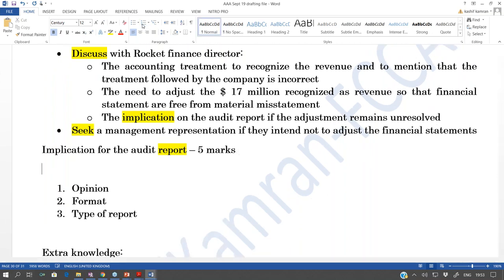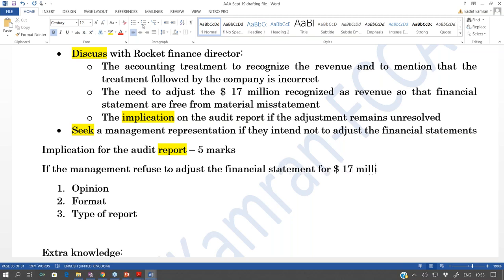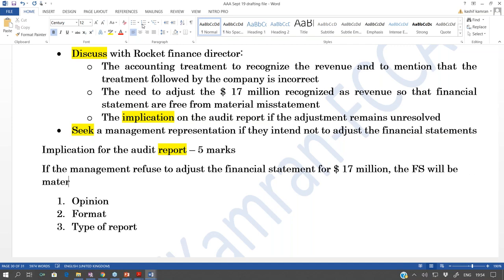Number 1, implication for the audit report. If the management refuse to adjust the financial statements for $17 million, the financial statements will be materially misstated, as $17 million, as stated above, is material to the financial statements.